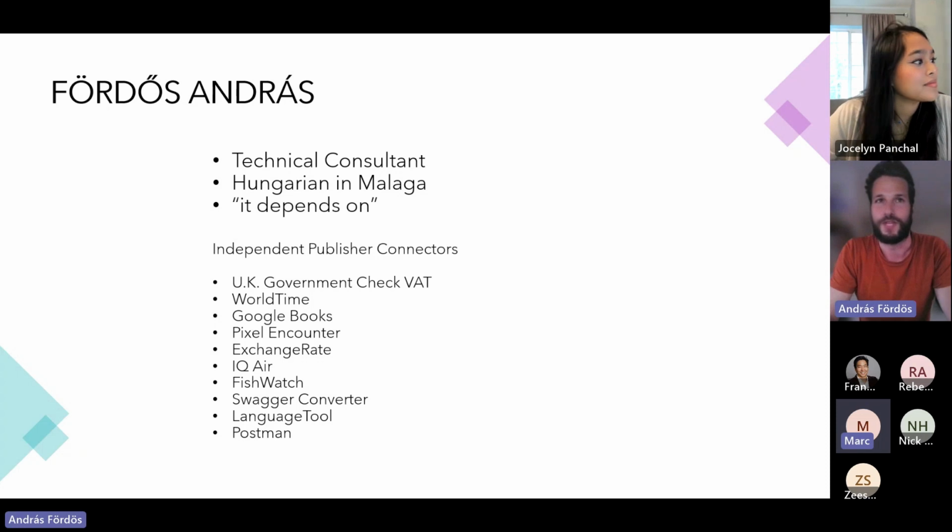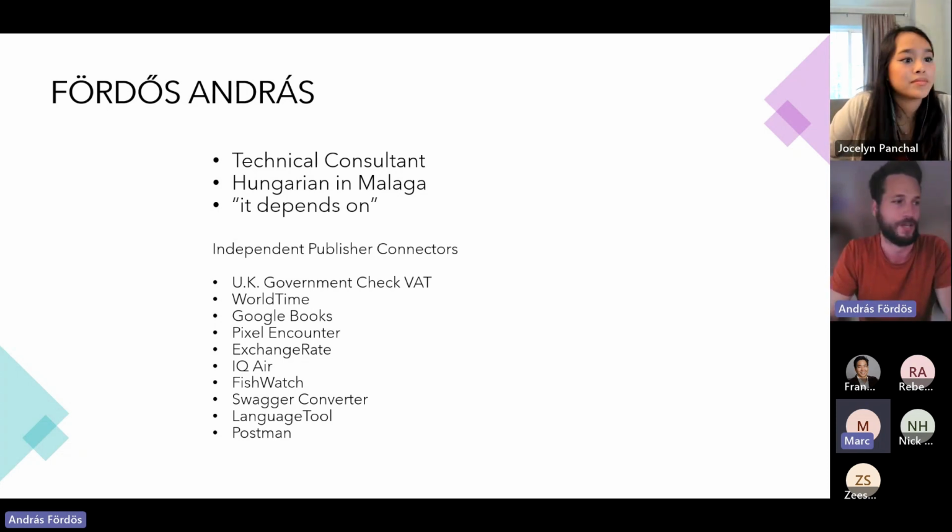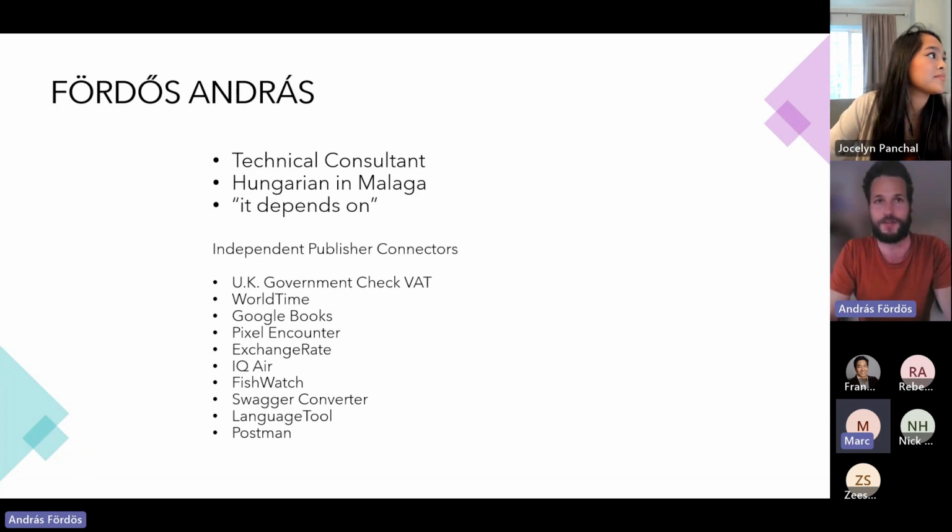The British government, VAT and the World Time connectors, they are fairly basic. They were really just to try out how it works, how the program works, what it does. After that came the Google Books, which I will demo and talk about a bit more later on. And the Pixel Encounter. The Pixel Encounter was a pet project. I did build my first Power Apps Canvas application to create a pixelated screen, a responsive one, to display pixel animations, pixel art, create pixel art, whichever you feel like and want to do.